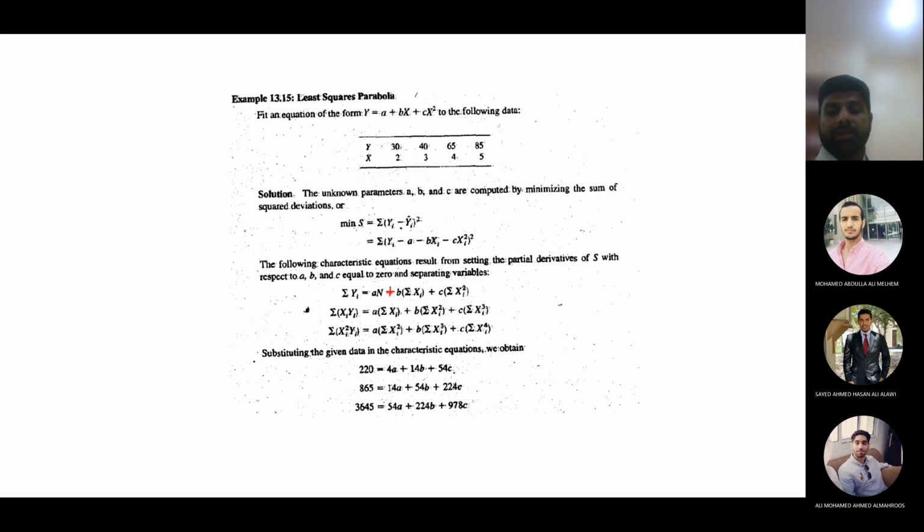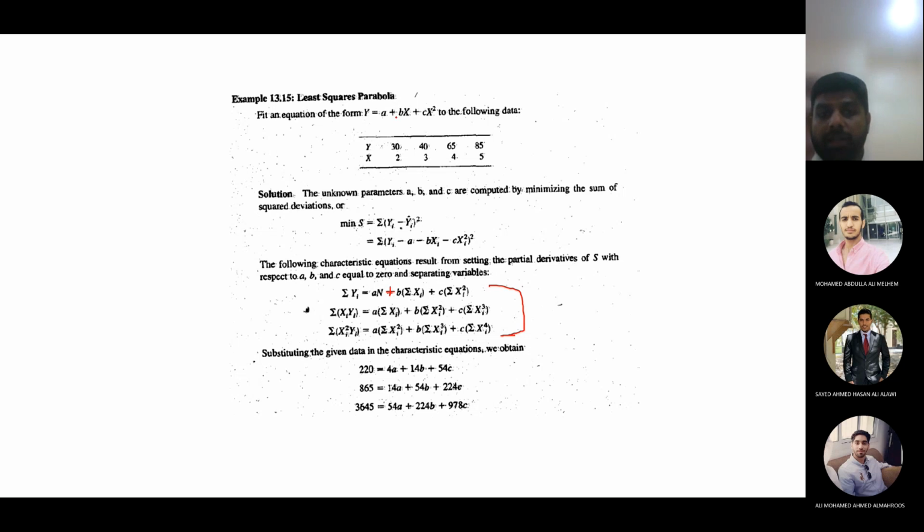Now, can you solve these 3 equations and give me the values of a, b, and c? Go ahead. If you are wondering what we will do next time, if you have a non-linear equation, you start from here. You don't have to do partial differentiation every time.